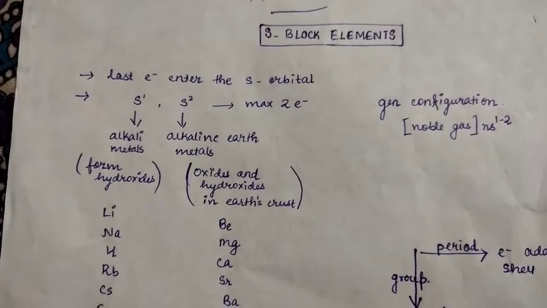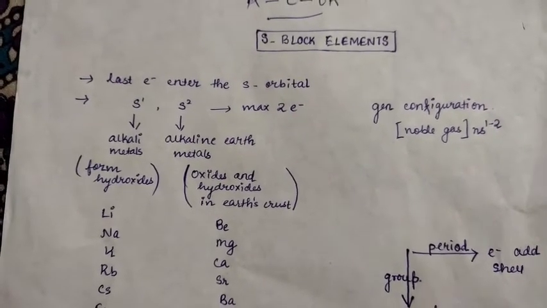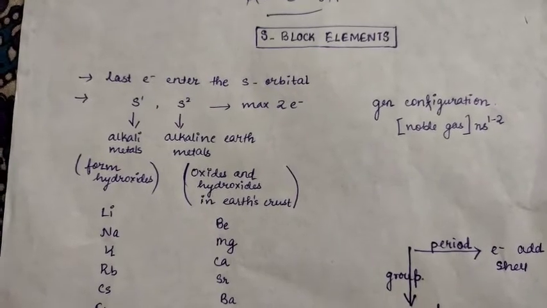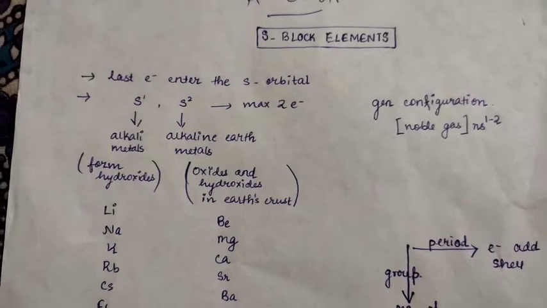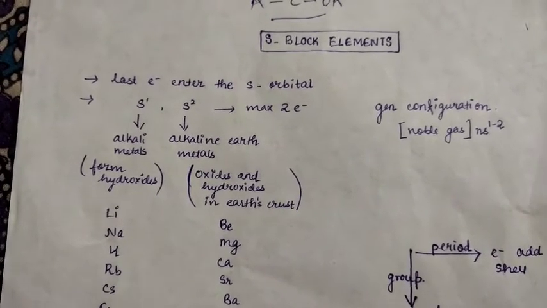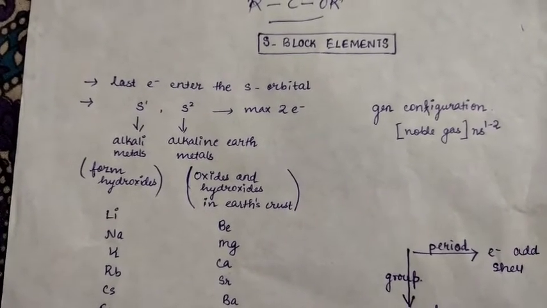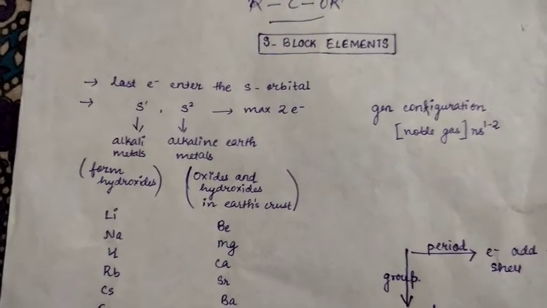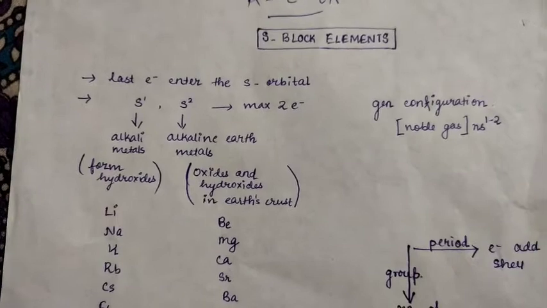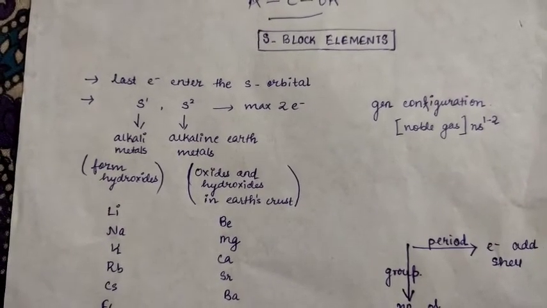So that block is known as the S block. When we take out the electronic configuration of any element, we can see which shell the last electron is entering, and with that we can say that this particular element belongs to that particular block.